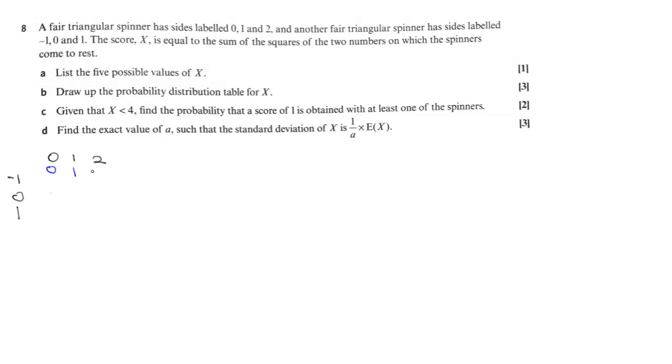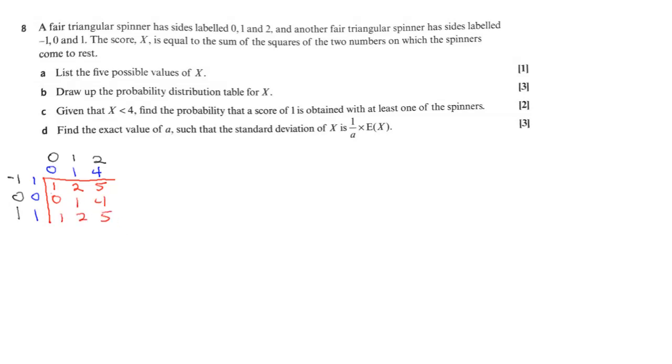So what I'm going to do is I'm going to write those below each one of the numbers as they come up. Each one of these numbered squares are going to be in blue, because those are what I'm actually going to add together. Now, if I get a -1 and a 0, the score is going to be 1. And if I get a -1 and a 1, the score is going to be 2. And then so on. And I'm going to fill in the table.